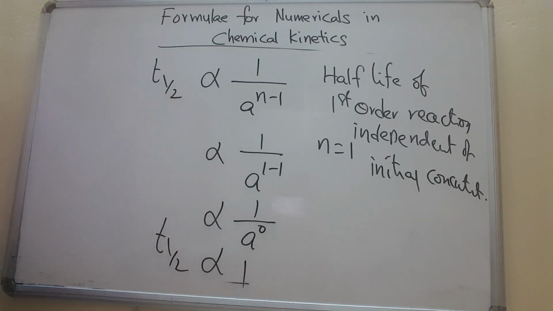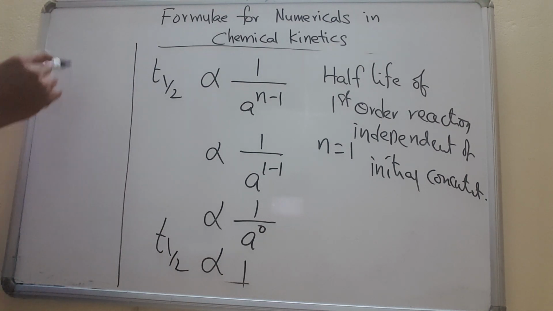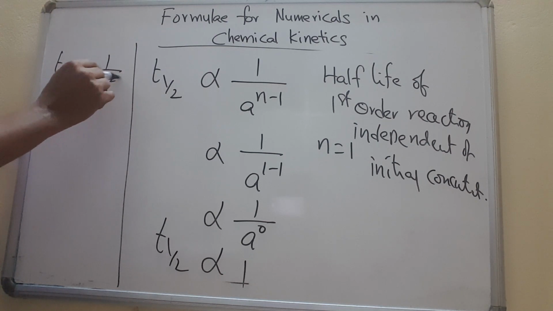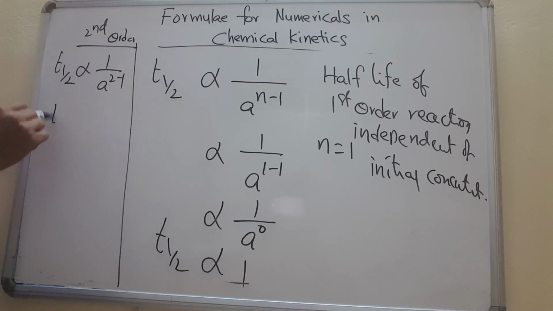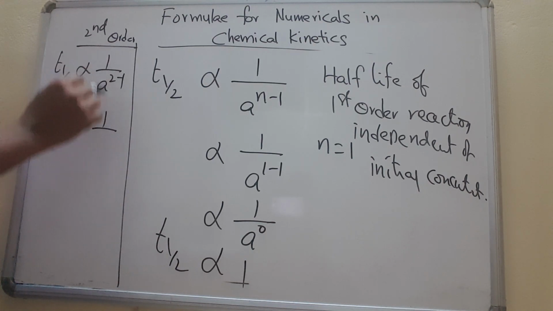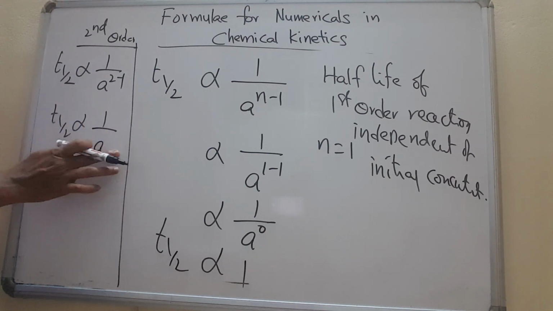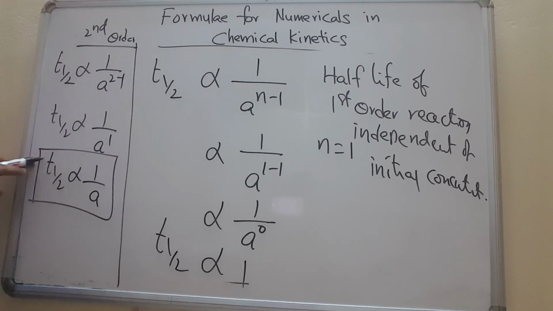So that is about first order. How about the second order reaction? For second order, t half is proportional to 1 by a power 2 minus 1, that means 1 by a power 1. So t half is proportional to 1 by a, that is, half-life is inversely proportional to the initial concentration.